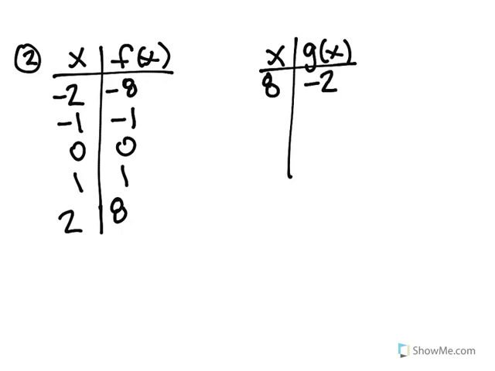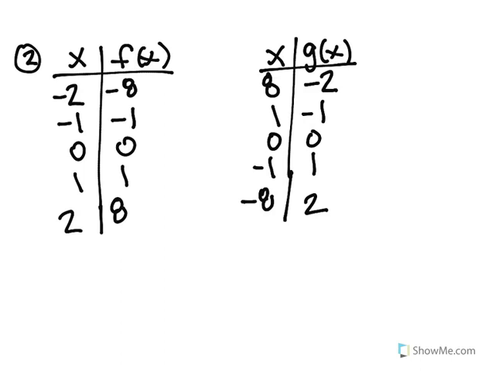We got 8, -2, 1, -1, 0, 0, -1, 1, -8, +2. You have to excuse my handwriting.